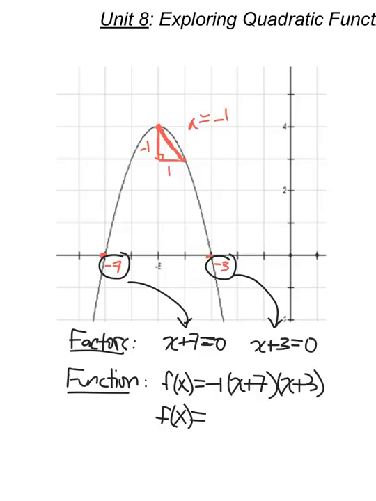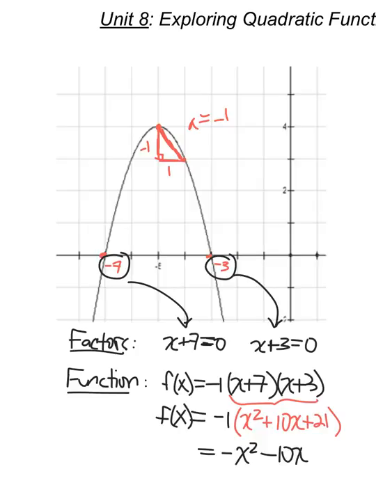Sometimes factored form is fine, but you got to be prepared. So we're going to have that negative 1. That's the last thing that's going to get distributed. X squared plus 10x plus 21. So negative x squared minus 10x minus 21. That's my function.